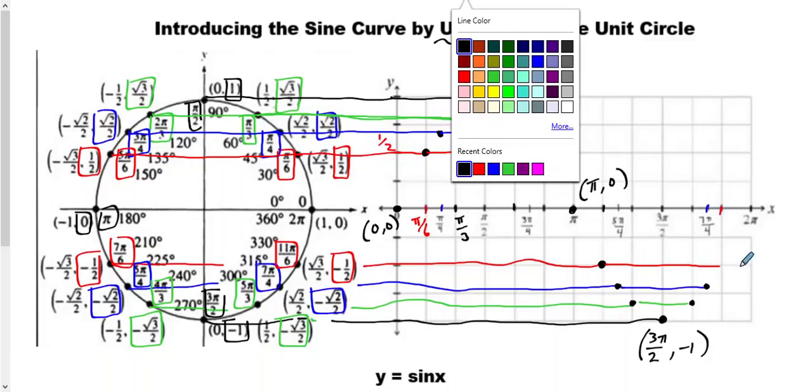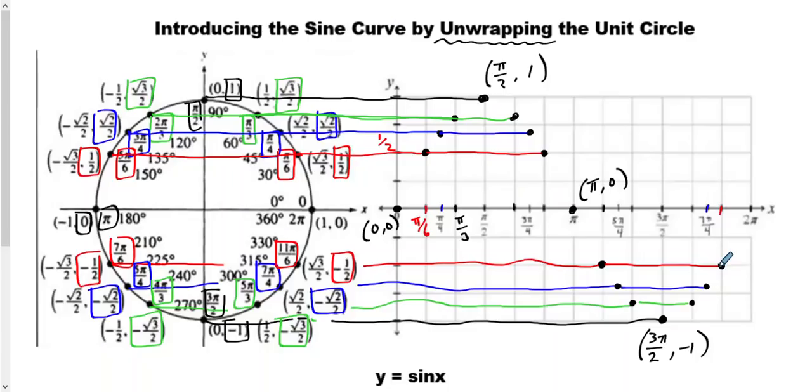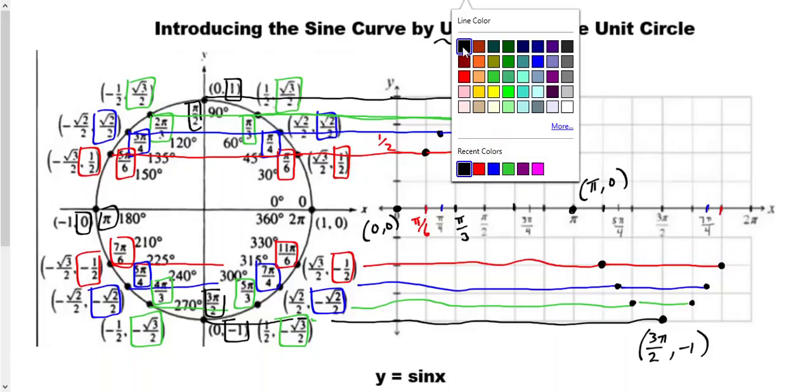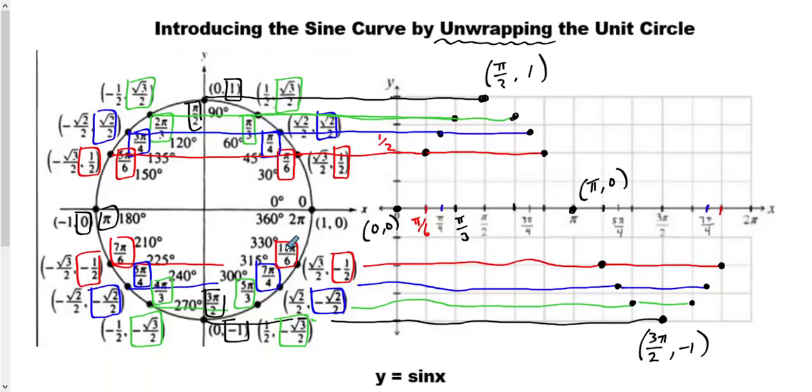And my point like so. And the very last point, I don't need to change color for that. Now we're not at 0 anymore, we are at 2 pi radians, having gone all the way around the circle once, but our height returns us back to where we started, at 0. So this point over here has coordinates 2 pi, comma, 0.